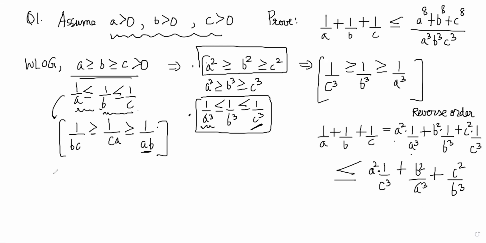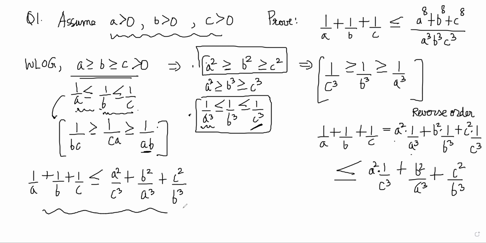So what we have gotten so far is 1/A + 1/B + 1/C ≤ A²/C³ + B²/A³ + C²/B³. How did we get here? We got it by applying rearrangement inequality one time. Reverse order sum is less than or equal to same order sum, right? Let's see what we can do from here.